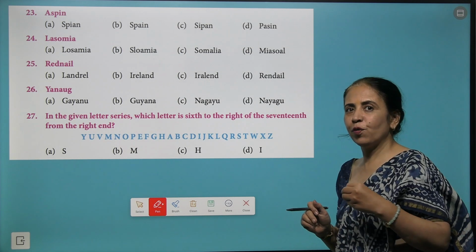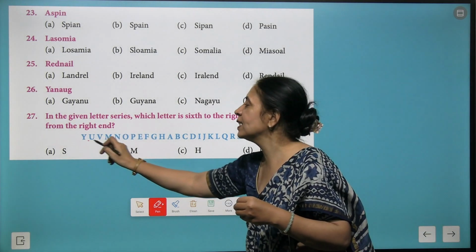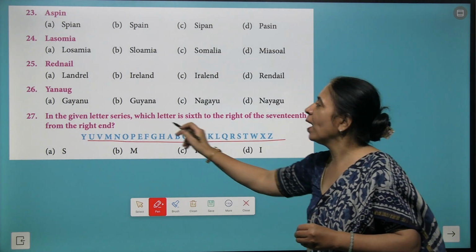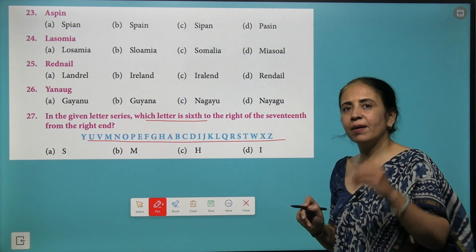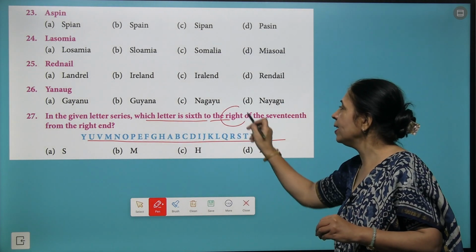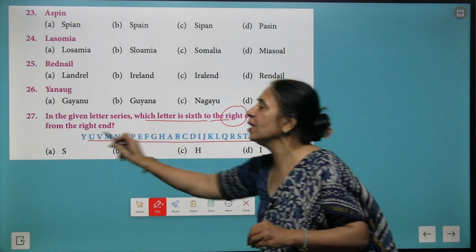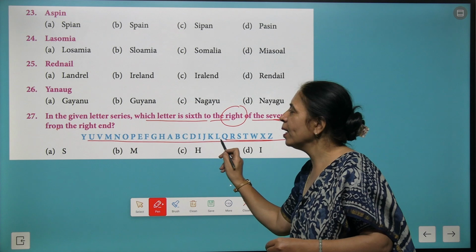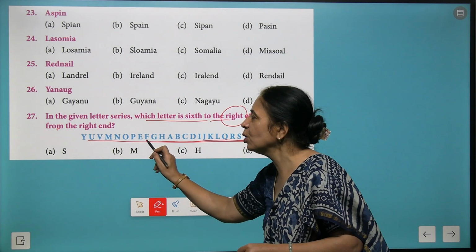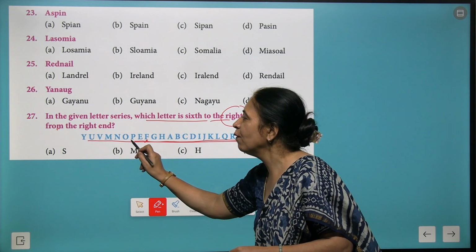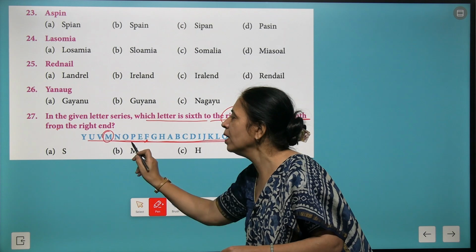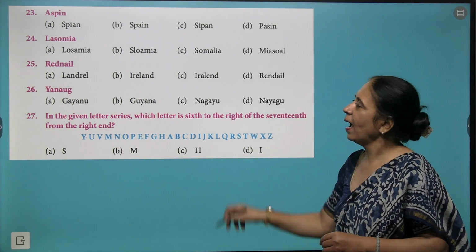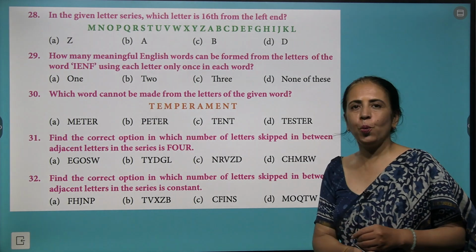In another pattern of questions, you have the series of alphabets and the question says that you have to find which letter is 6 to the right of the 17th from the right hand. So we start moving from here. We count which is the 17th one, and from here if you check which is the 6th one, we get M as the answer. And more such questions on your way.